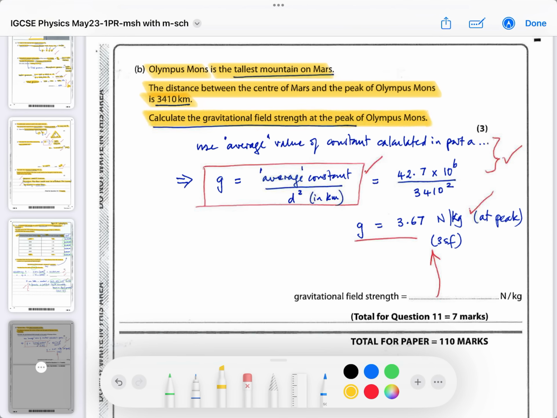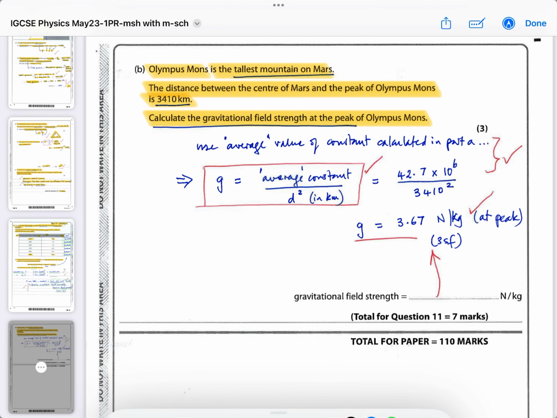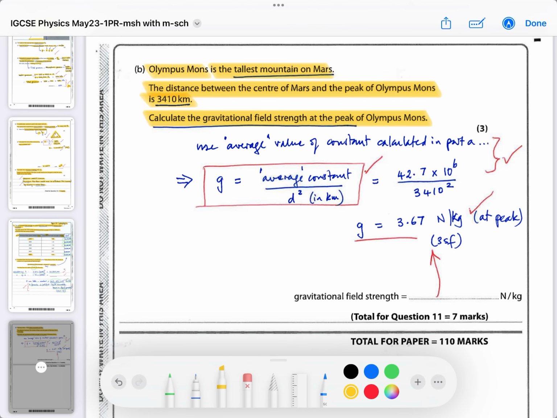They want you to use the data that you just used in the table from that equation, where we know that the constant we'd worked out was about 42 to 43, so the average would be about 42.7.